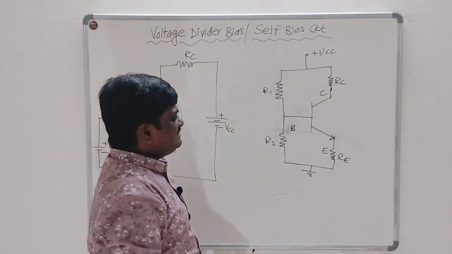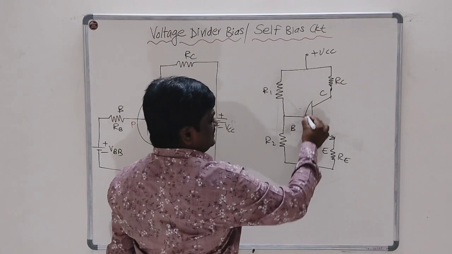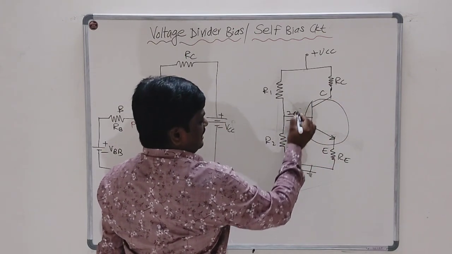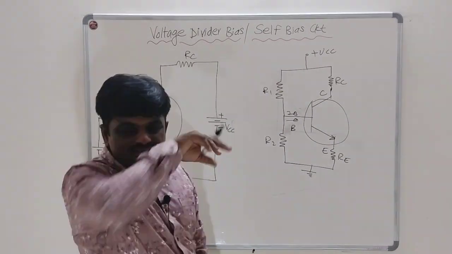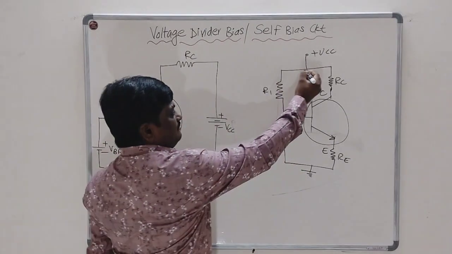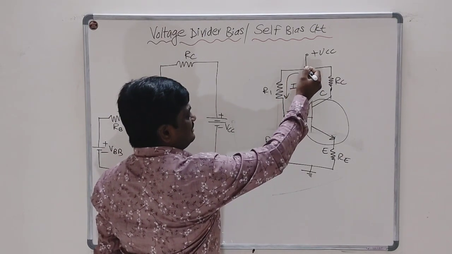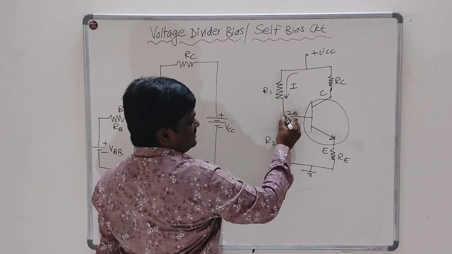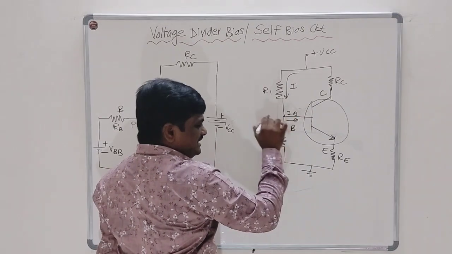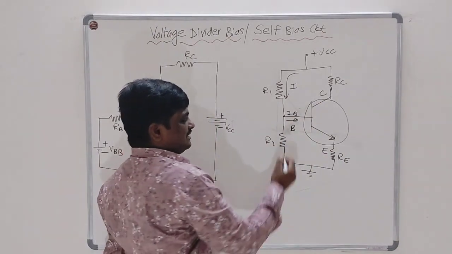And how is it acting as a voltage divider? See here, in this circuit the input current is the base current, and the base current is very small, in the microampere range. So that is why this base current can be neglected. The current flowing through R1, when it reaches the base junction, has a very small, ideally zero, current flowing into the base terminal.